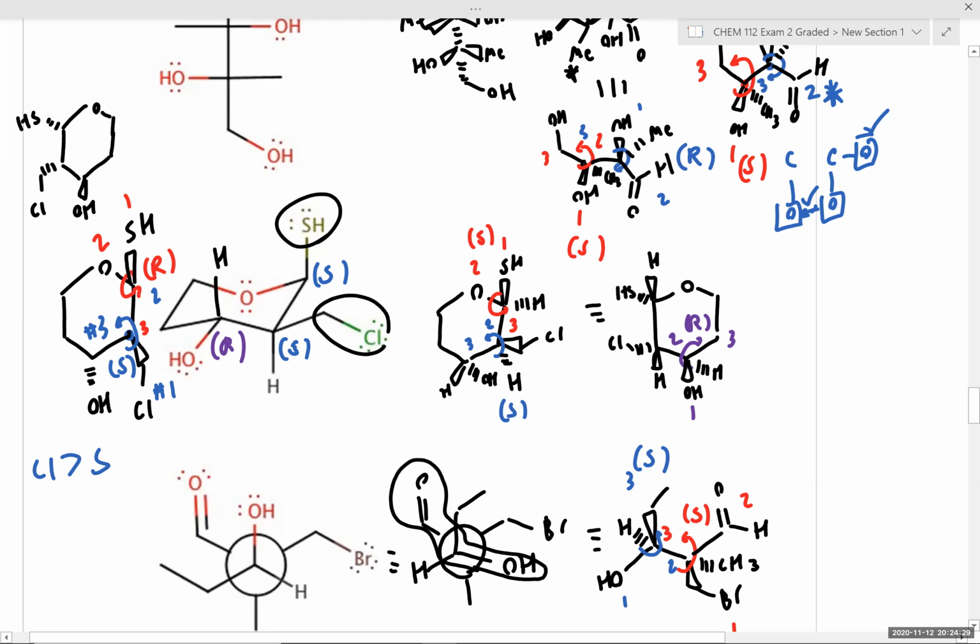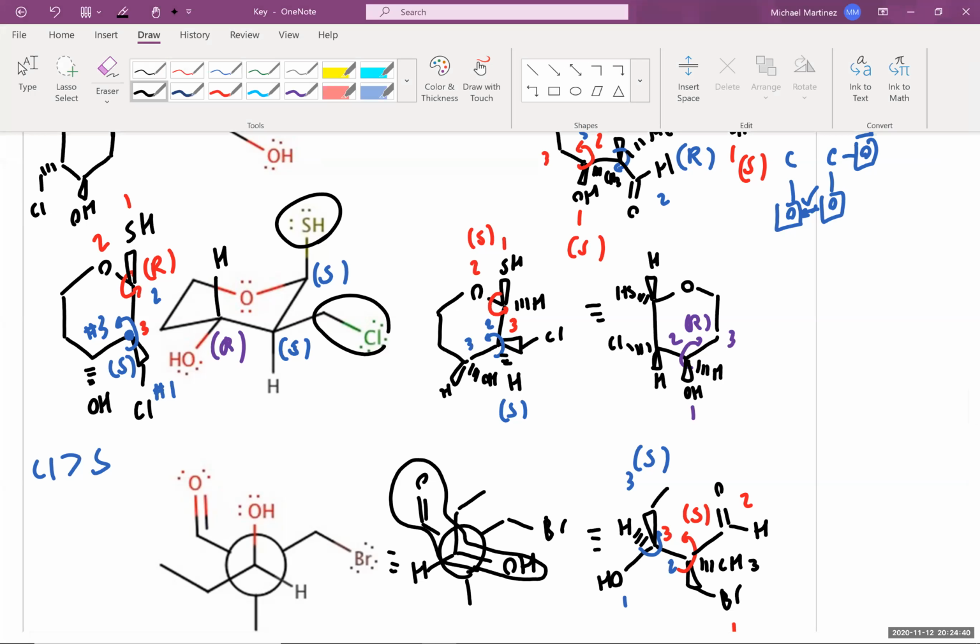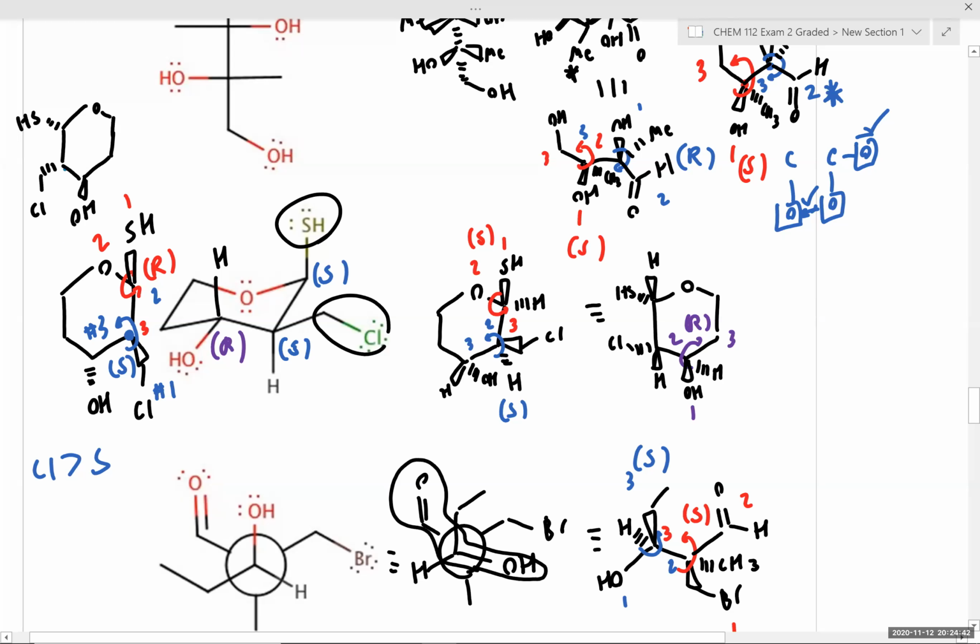Okay, perfect. Now assigning priority, the alcohol is priority 1. The alkyl chloride is priority 2. Wait, is it? 1, 2.